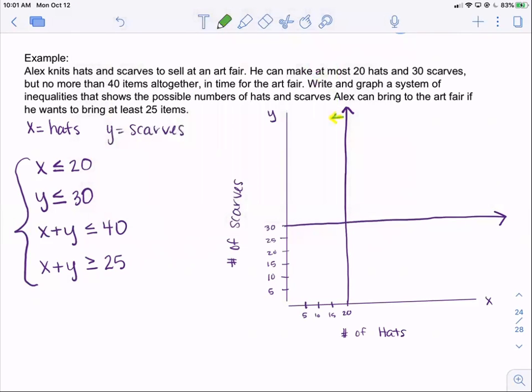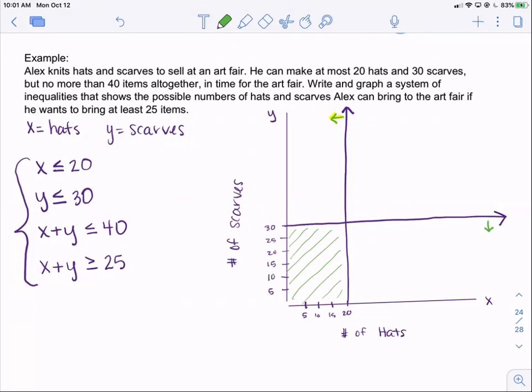Let's do green. There. And then for our horizontal line, y is less than or equal to 30. So is that above or below our line? Below. Okay. Which means we're in this little section, right? That's where we're at right now. Anything in that little box.